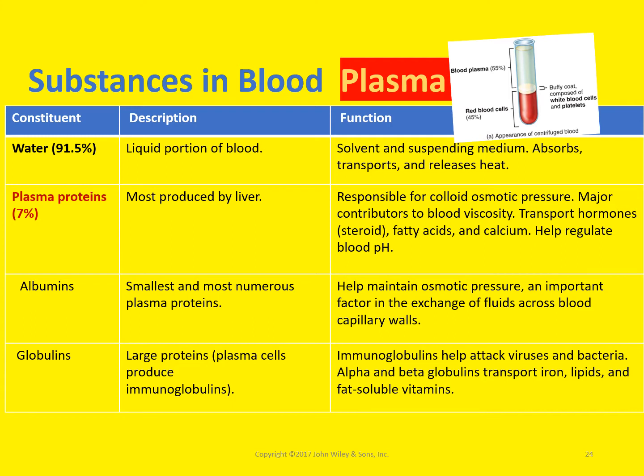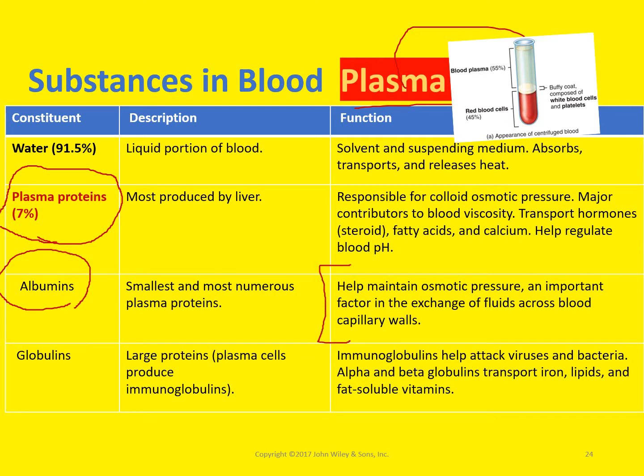Now, technically, the hemoglobin is not in the plasma, but the main player as far as proteins in the plasma are the albumins, and you can see they help maintain the osmotic pressure, basically keeping the liquid in the capillaries so it doesn't go into the tissue space. And there are various types of globulins that can act to transport iron, like I said earlier, and other things.